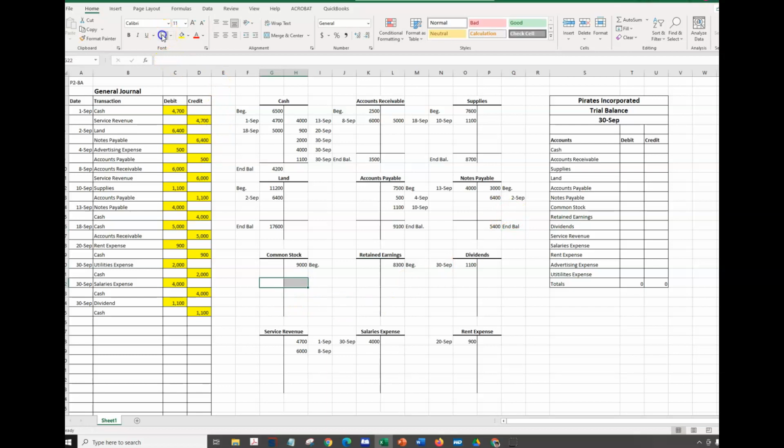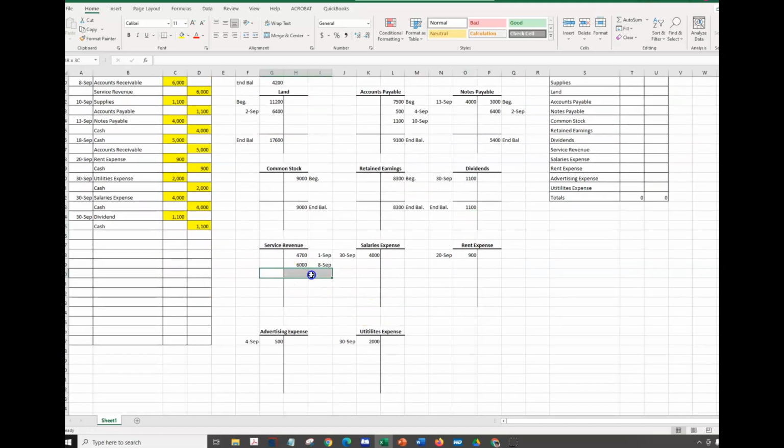Common stock is an equity account. So the balance is on the credit side. And that's the only one that has an amount. So the balance is obviously on that side. Same thing with retained earnings. Let me draw my line. Same thing with dividends. There's only a balance on the debit side. To increase dividends, you debit it. So my balance is on the debit side.